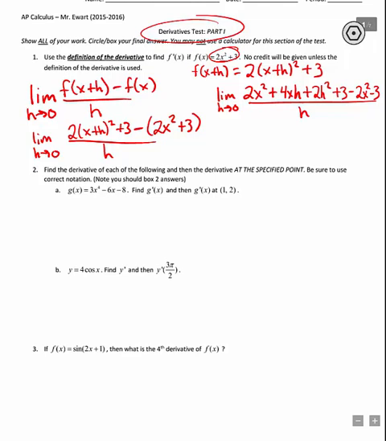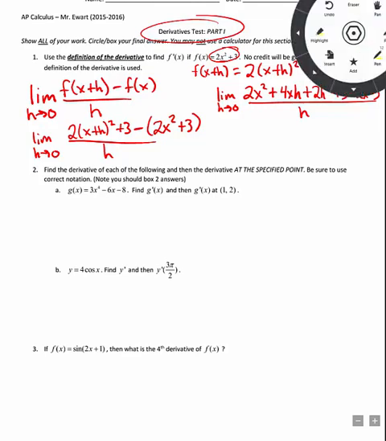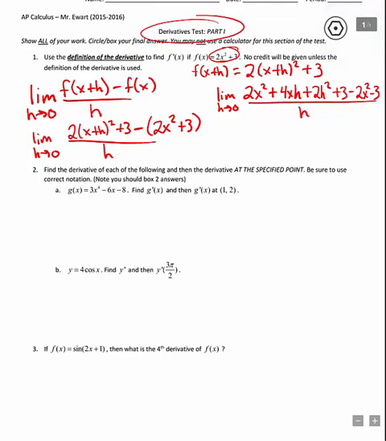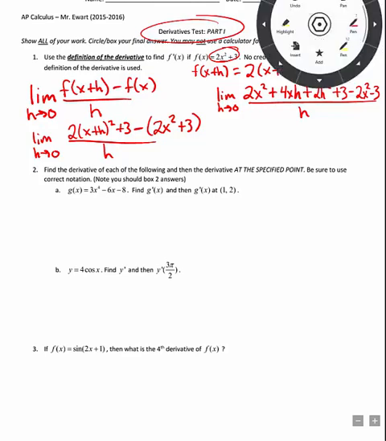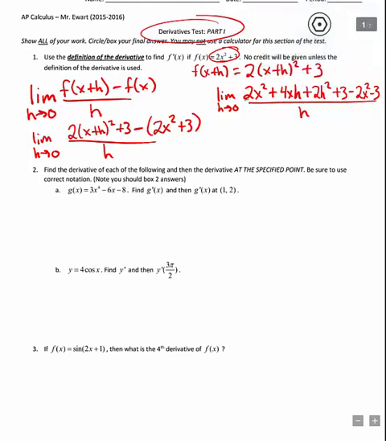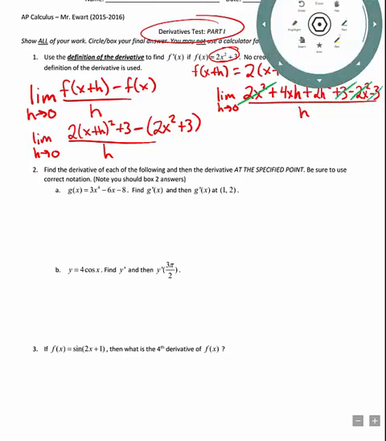Okay, next we can just cancel out our like terms and see what like terms we have. So the 2x squared and the negative 2x squared and the plus 3 and the minus 3 can all cancel out.